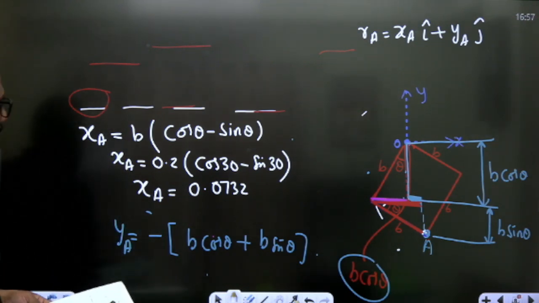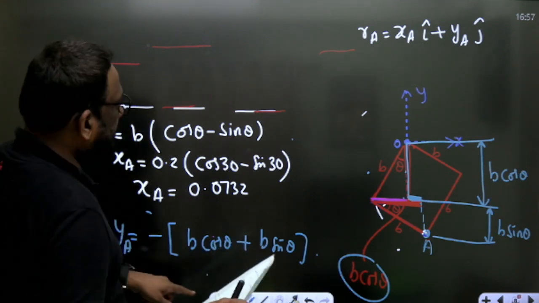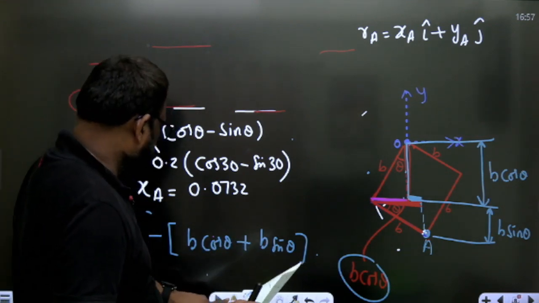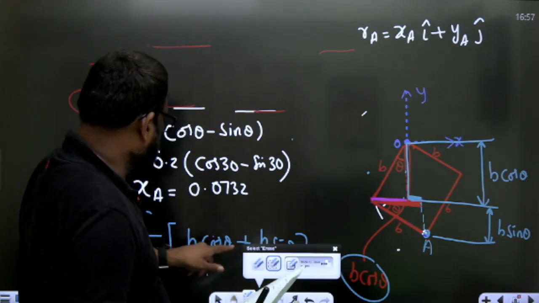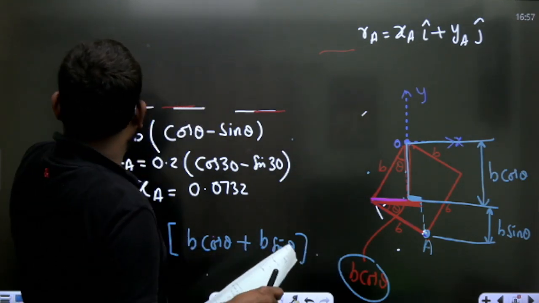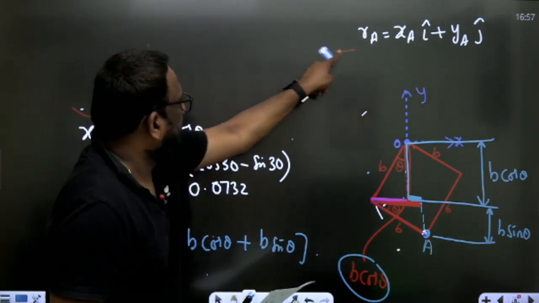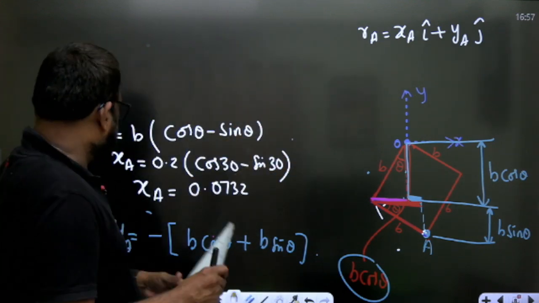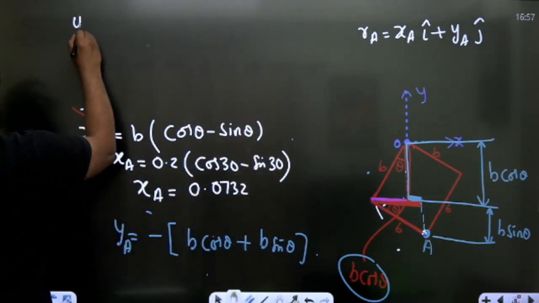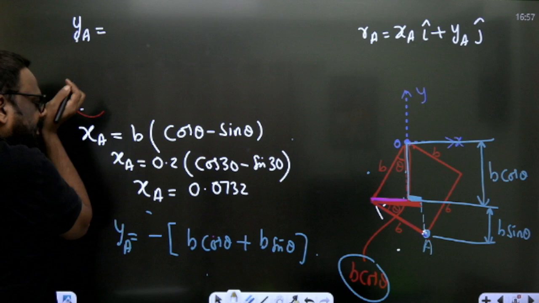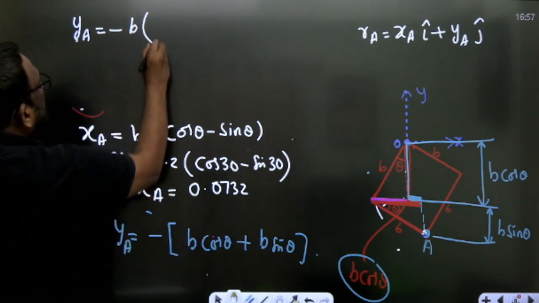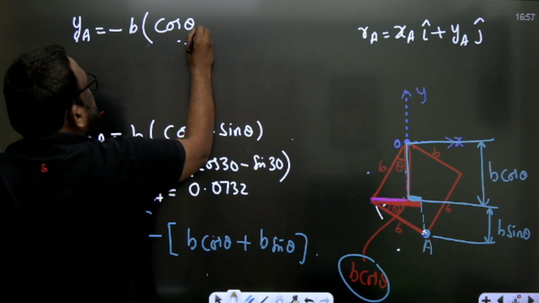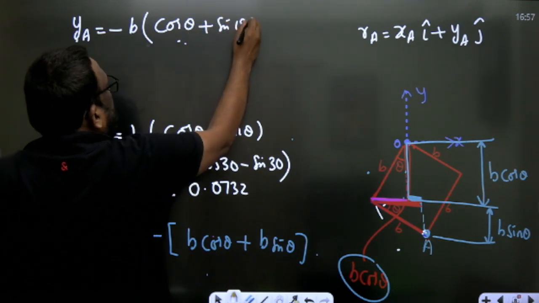0.0732, correct. Now let's calculate ya. Minus b, okay, cos theta plus sin theta.